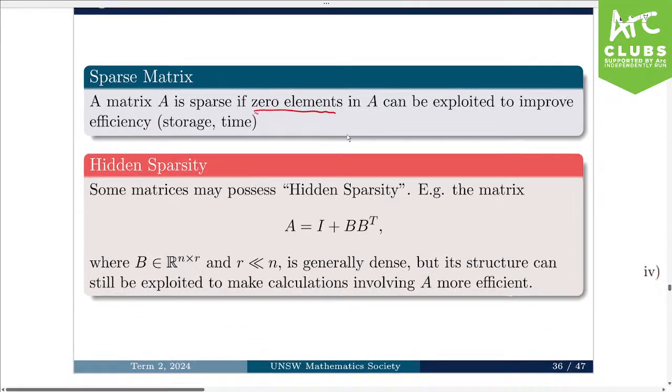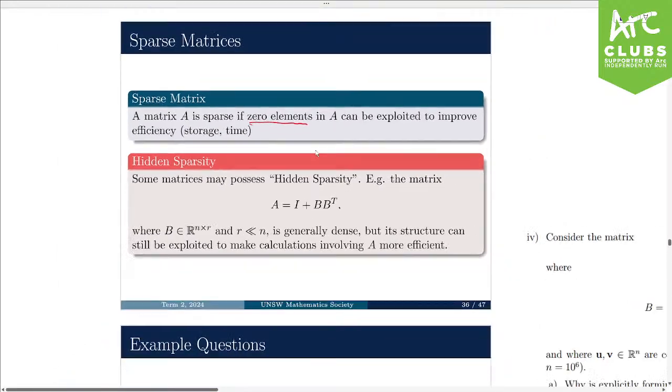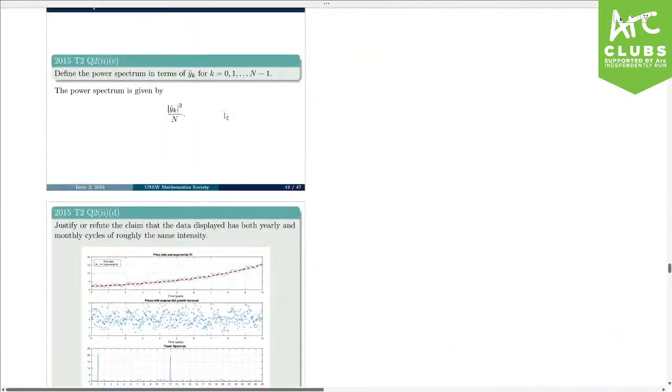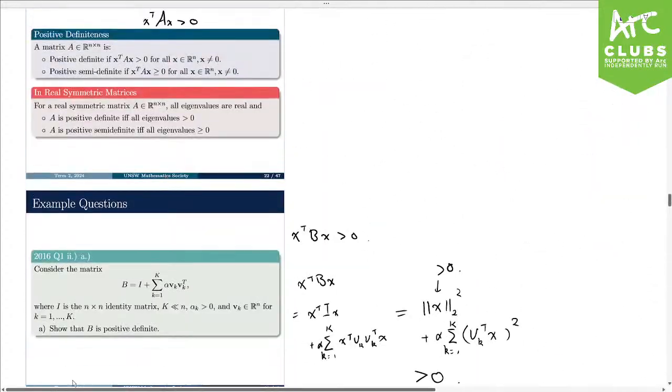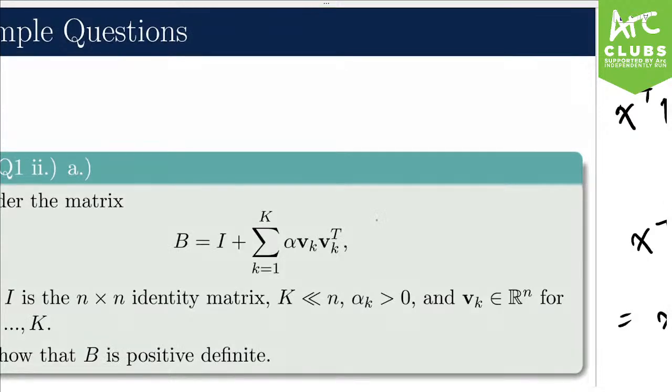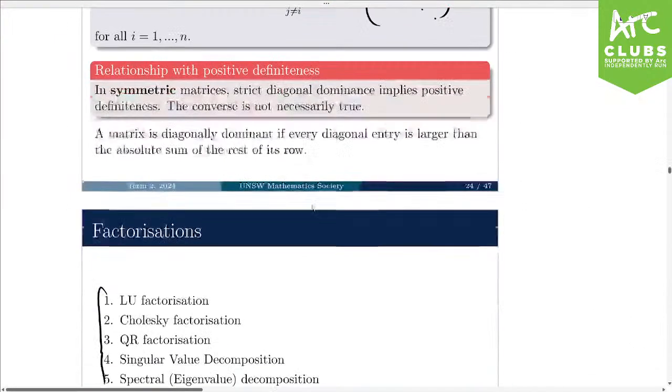So matrices like this were also considered sparse, even though if you actually calculate, this is not guaranteed to have many 0 entries.